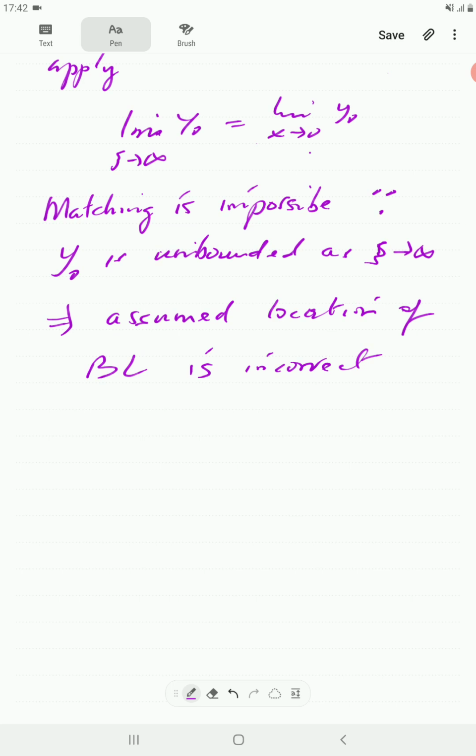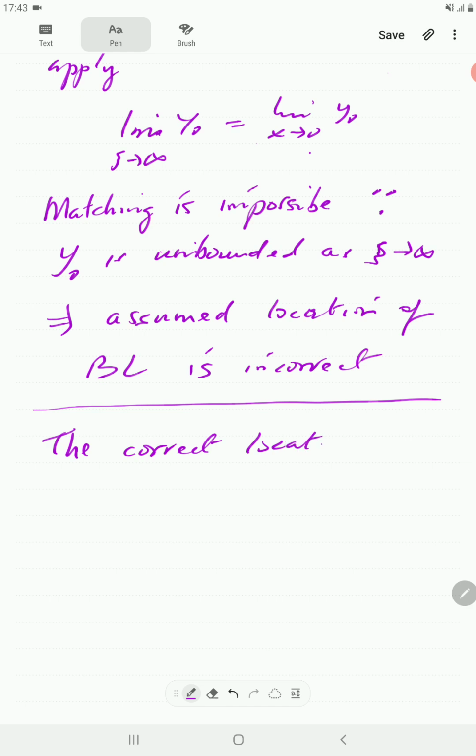So right now we need to put the boundary layer at the other end and then solve the problem. So the correct location of the boundary layer is at x equal to 1.